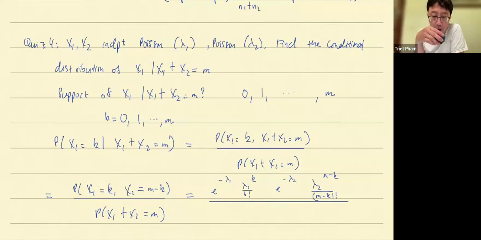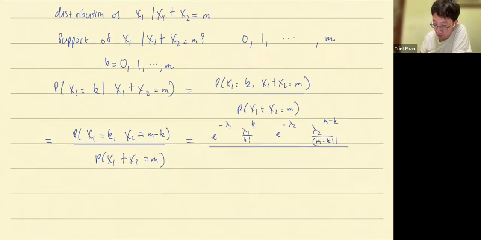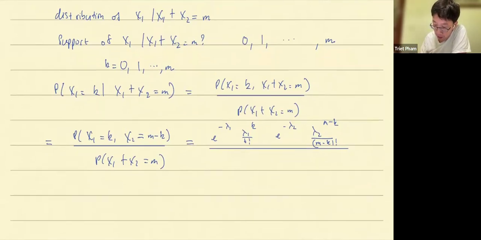If x1 and x2 are independent Poissons, what is the sum x1 plus x2? Well, it's also a Poisson, with rate being the sum of the rates.